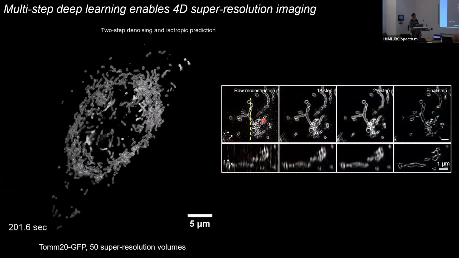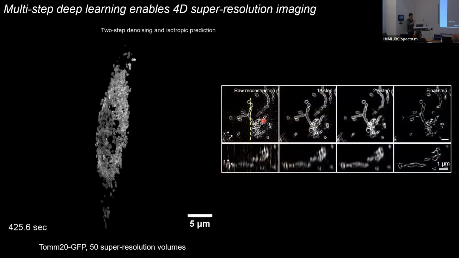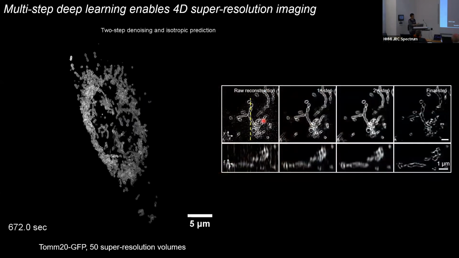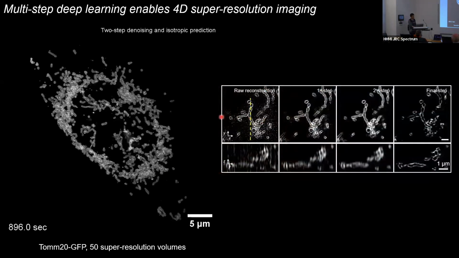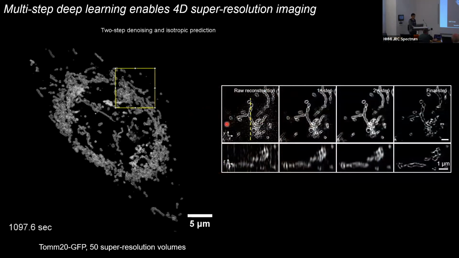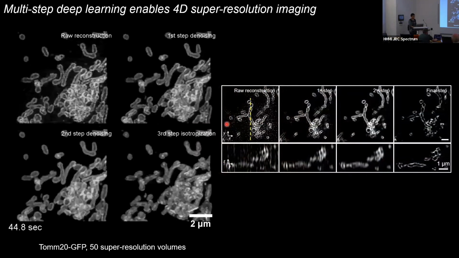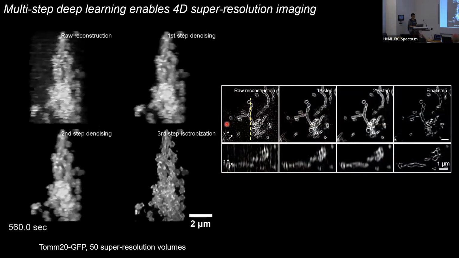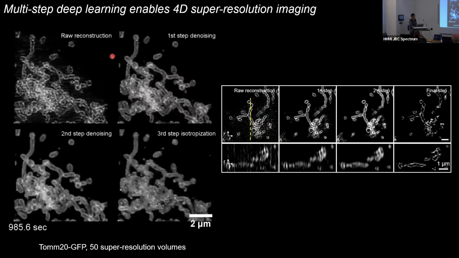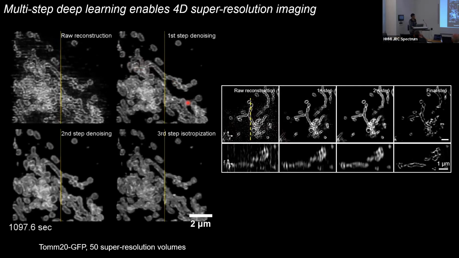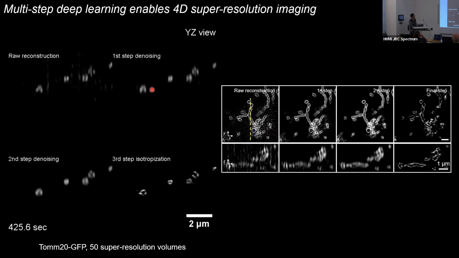So here we perform 3D SIM imaging of TOM20-GFP in live U2OS cells over 50 volume time points without substantial photobleaching or obvious phototoxicity. And you can notice the progressive improvement in contrast and resolution. So here is the axial resolution.